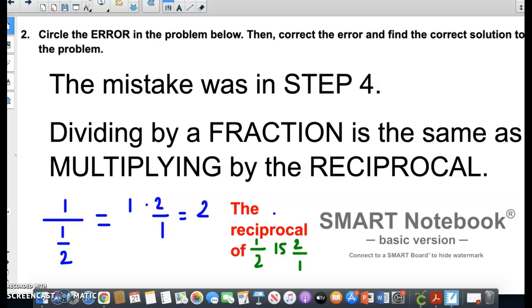Remember, reciprocal, you're just taking the fraction and you're flipping it. So 1 divided by 1/2 is actually equal to 2. So that was the mistake there. And remember, when you're dividing by a fraction, that is the same thing as multiplying by the reciprocal. To find a reciprocal, you just take your fraction and you flip it.